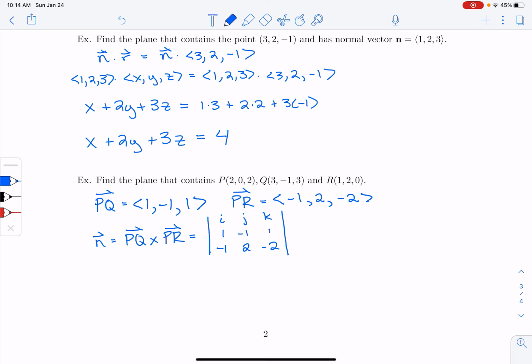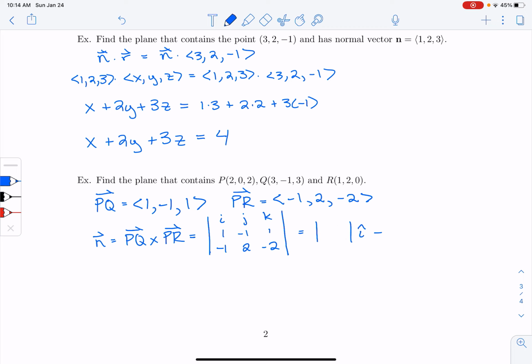And then the cross product is going to be the determinant of the matrix 1, negative 1, negative 1, 2 times i, minus, excuse me, that's not quite right.